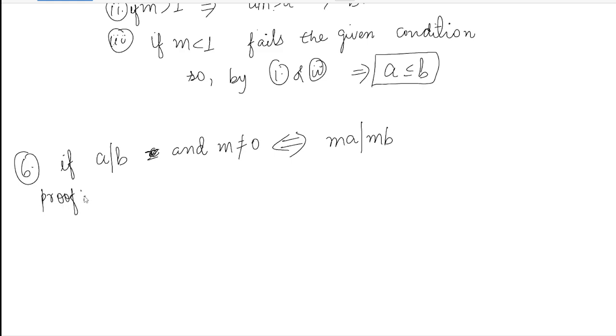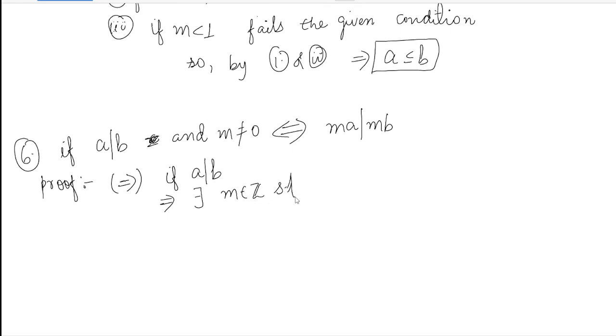We firstly prove the forward part. If A divides B, this implies there exists an integer X belongs to Z such that B is equal to AX.